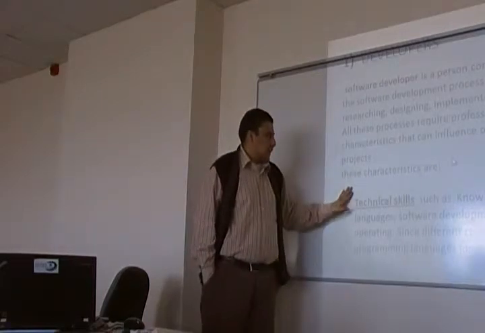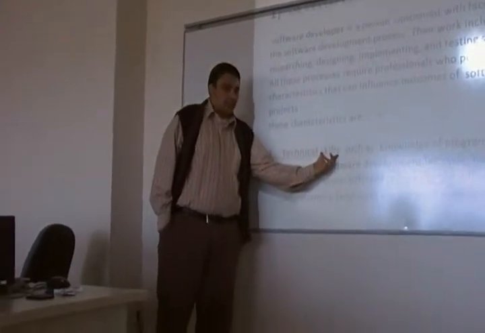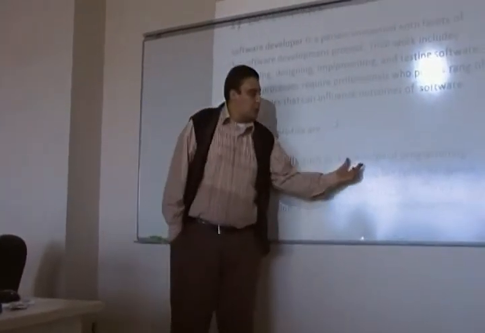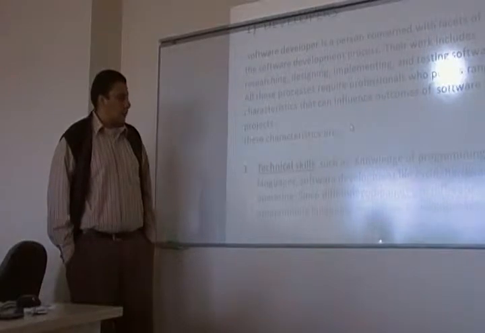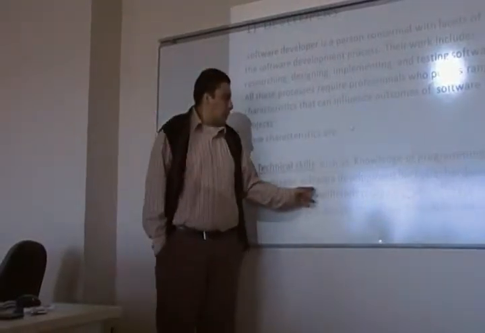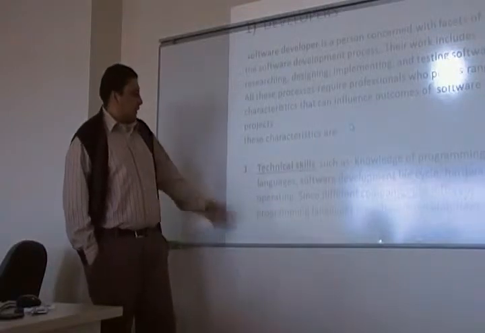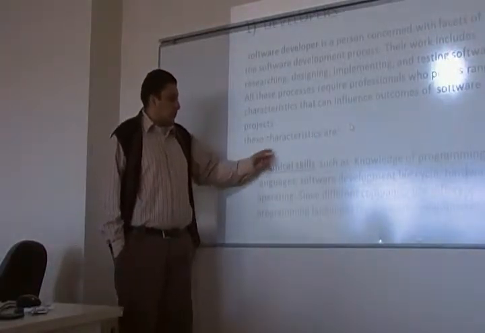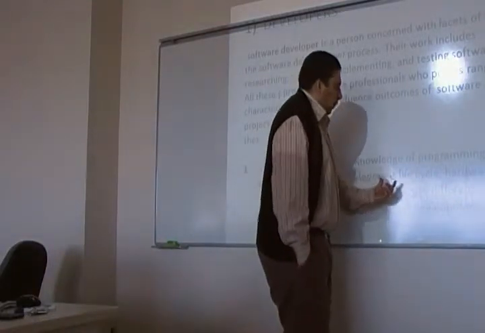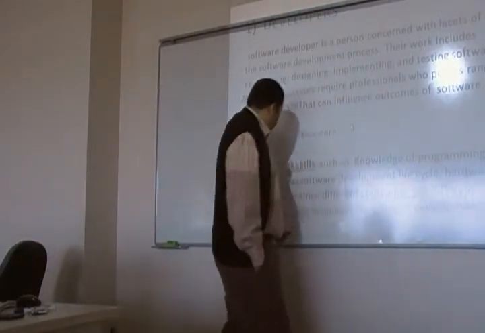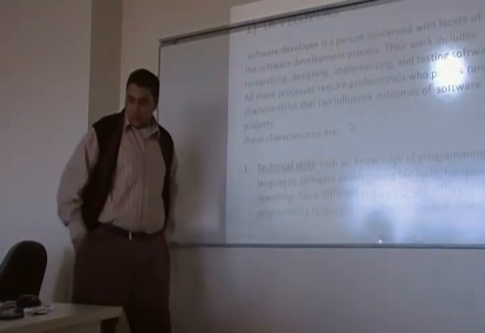These characteristics include technical skills, such as knowledge of programming languages such as C++ or Java, and the software development life cycle, hardware and operating systems, because different companies use different programming languages for software development.